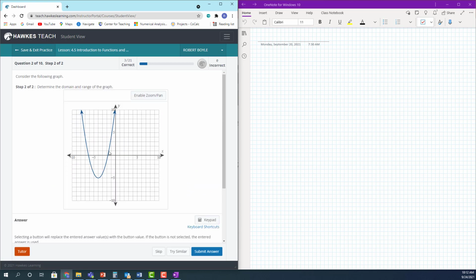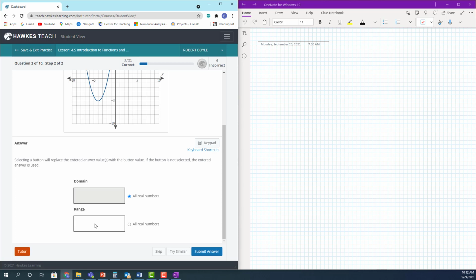Now for the range, notice that this graph is going to go all the way up to infinity, but it never gets less than negative 5. However, it does include negative 5. So our answer for range will be, actually, what we need to do for this one is bring up our keypad.